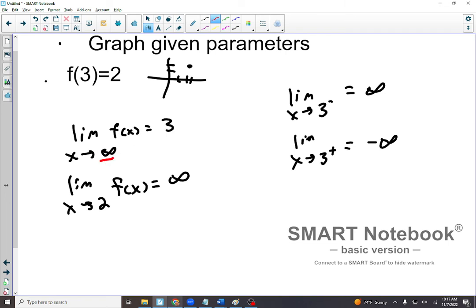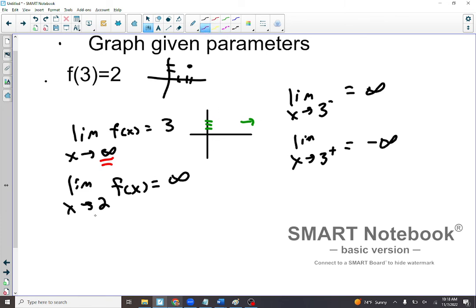So if I'm approaching infinity, that means I'm going to the positive x value forever. Which means my curve is going to be approaching 3. So I know my y value should approach 3. So I'm going to put an arrow like this as it approaches 3 to infinity.